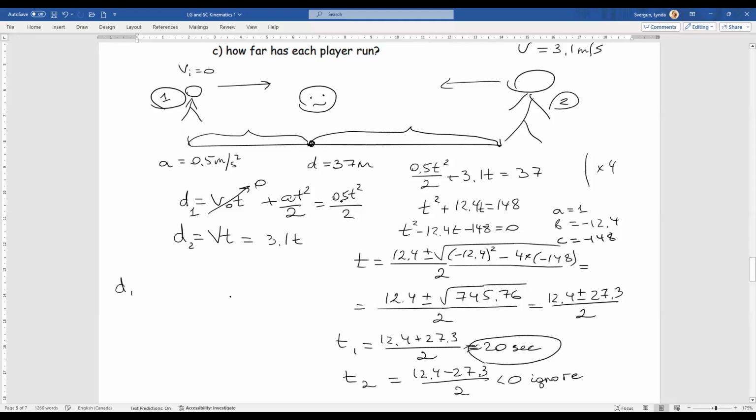Like D1, 0.5 multiplied by 20 squared over 2. 400 divided by 2, 200. I missed something. Seconds.